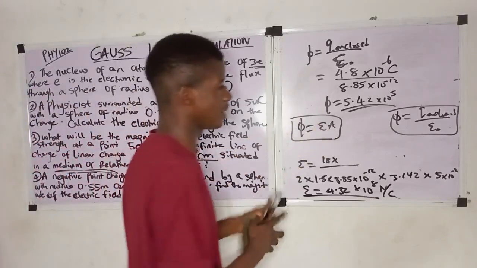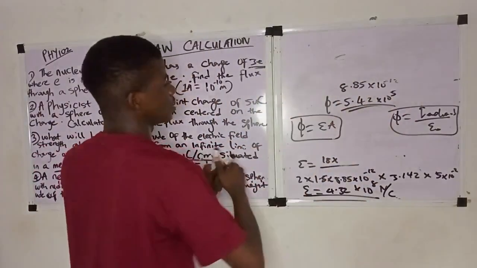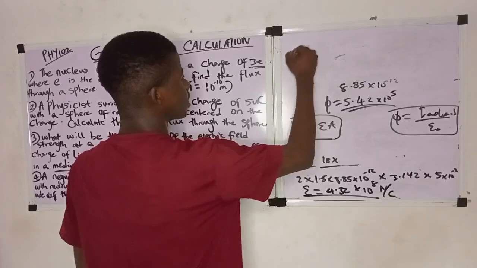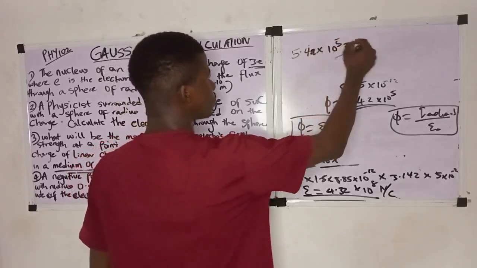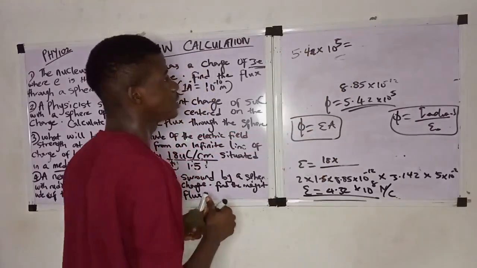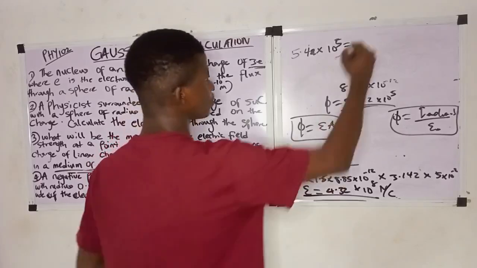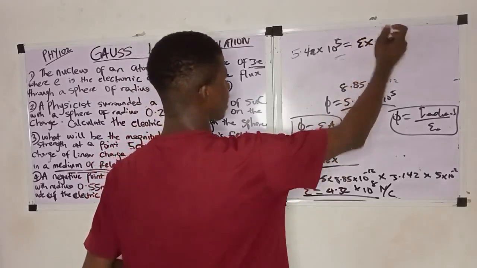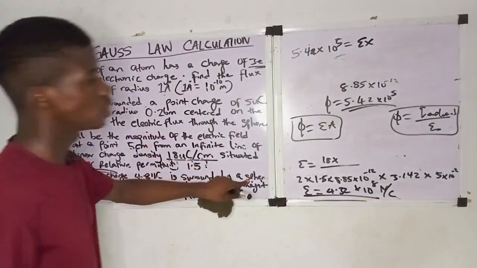Now let's get the area. Our electric flux is 5.42 times 10 raised to the power 5, which equals the electric field, which we don't know and are looking for, times the area. The area of what? The area of a sphere.